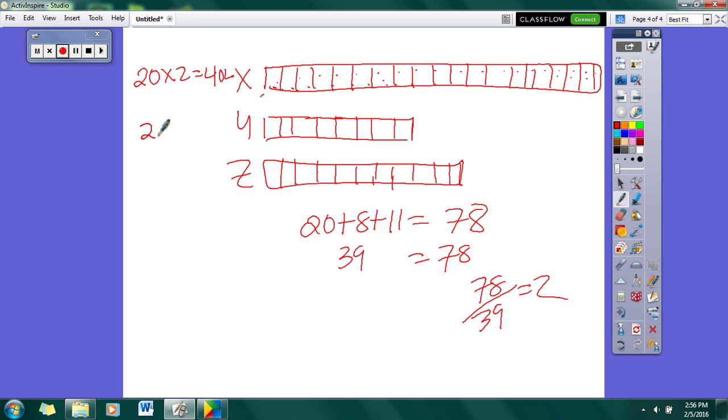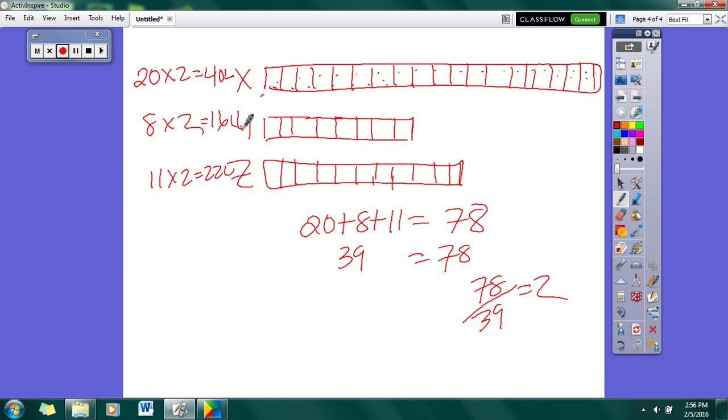Then I'm going to take 8 and multiply it by 2, and here I'm going to take 11 and multiply it by 2. So this will be 16, and this will be 22 liters.